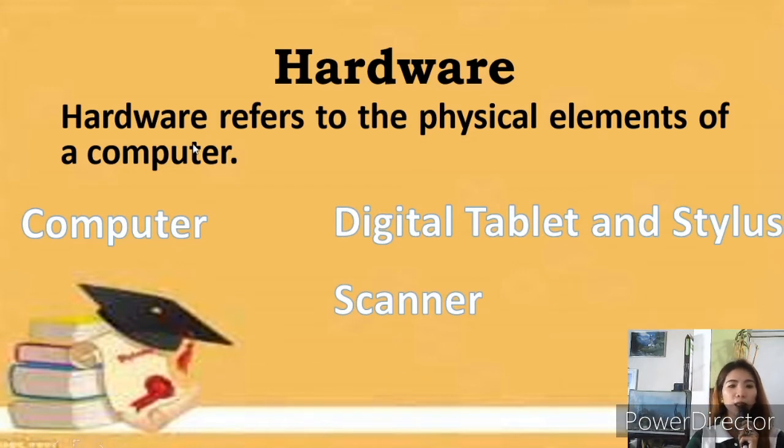So, what are these? We have the computer itself or a desktop or a laptop, okay? We have the digital tablet and stylus. We also have scanner. Pwede rin yung mouse, okay? Keyboard, alright? Yan yung mga outside na hardware na nakikita natin.